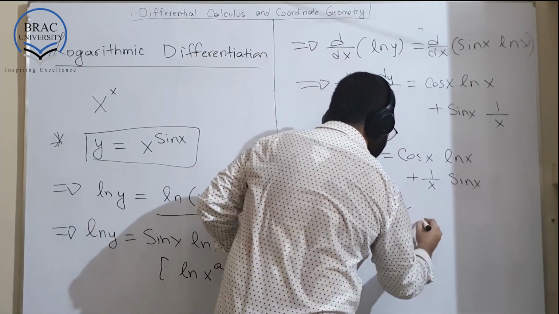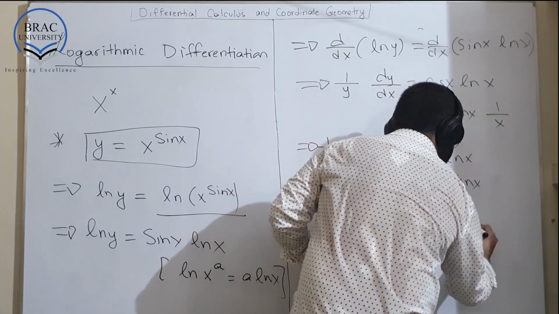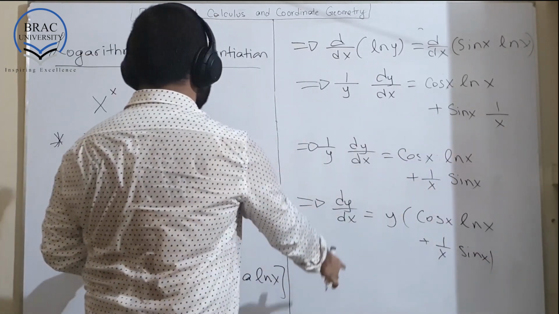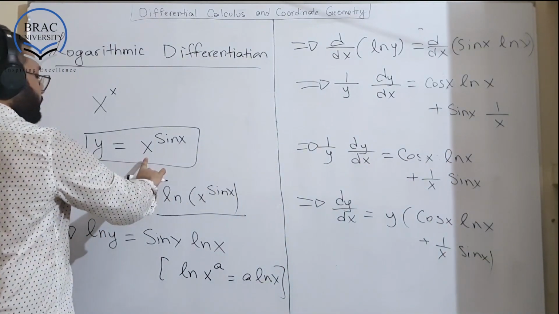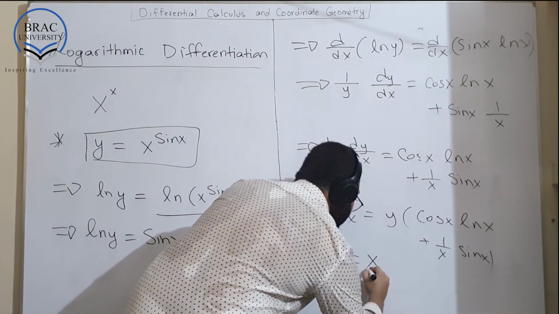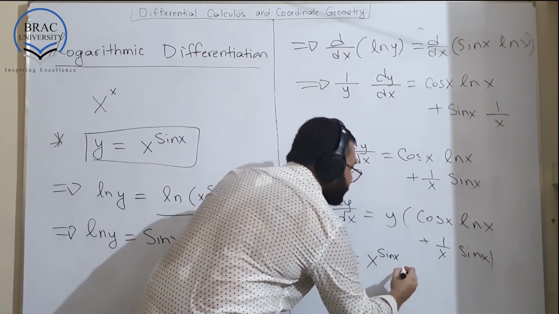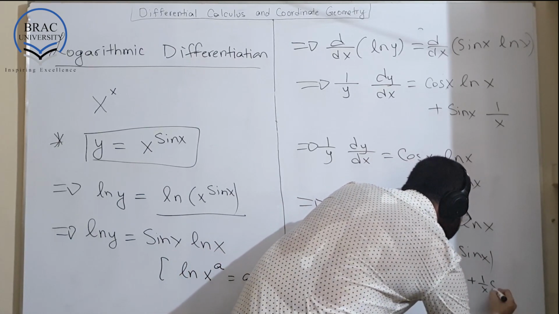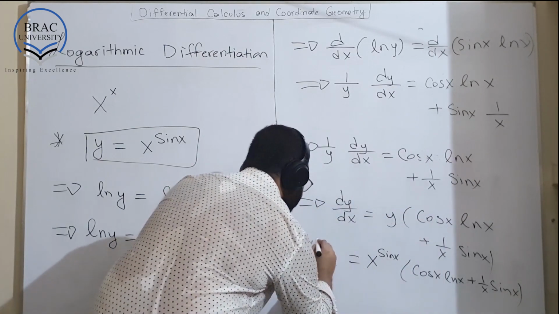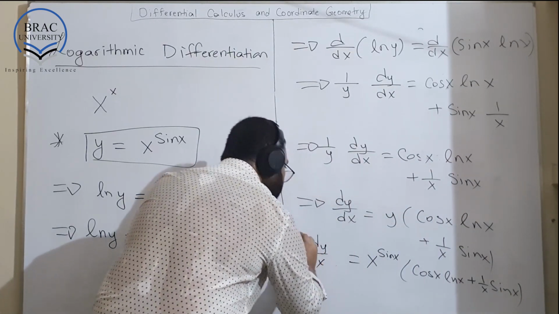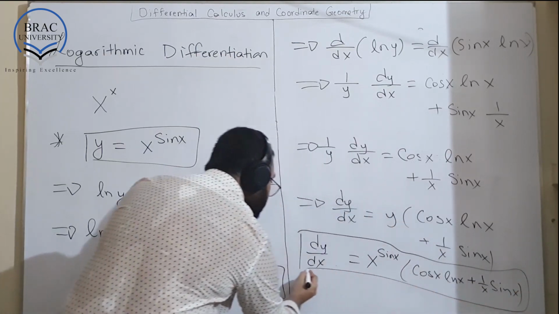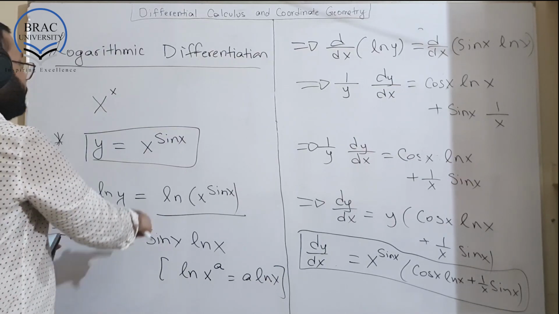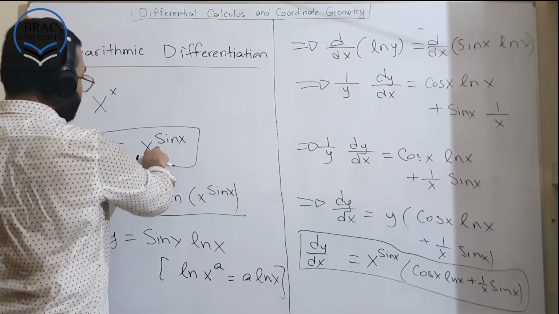So dy/dx equals y times cosine of x log of x plus 1 over x sine of x. If you put the value of y, which is x to the power sine of x, our derivative would be something like this. So using this method, we can easily find the derivative of a function where we have a variable in the exponent.